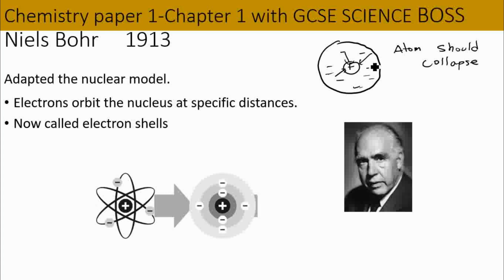Because the atom wasn't collapsing, Niels Bohr adapted the nuclear model, and he said that the electrons must be found in shells, the way that we draw it today. That came up with Bohr's model, in which the atom is now in shells.